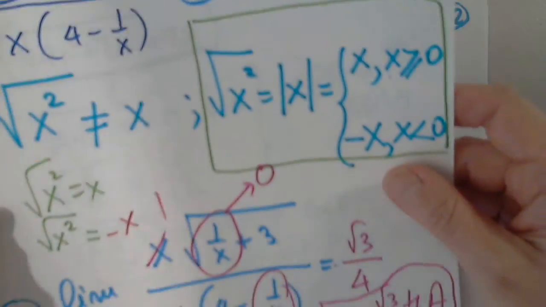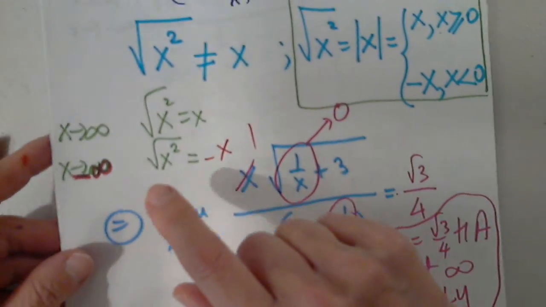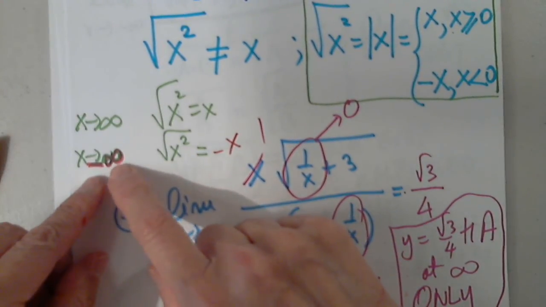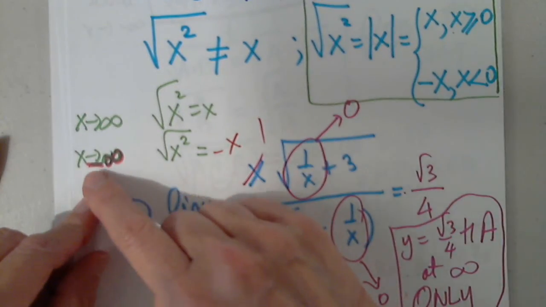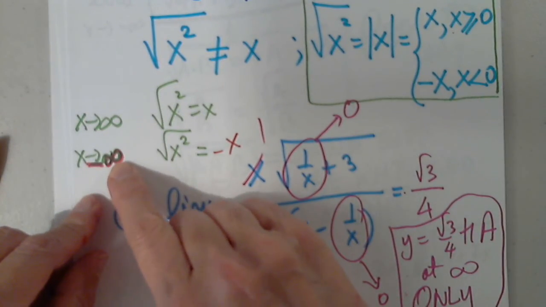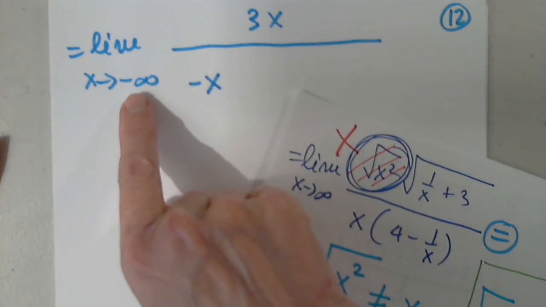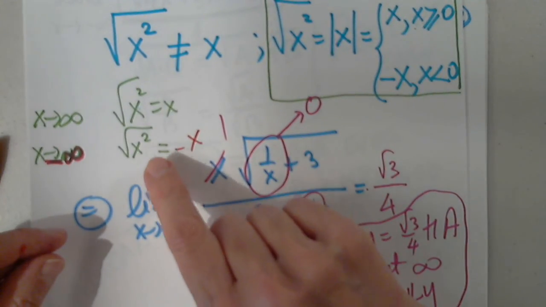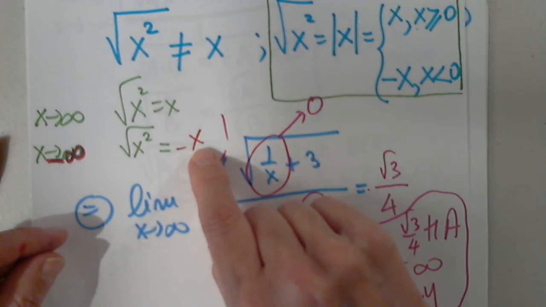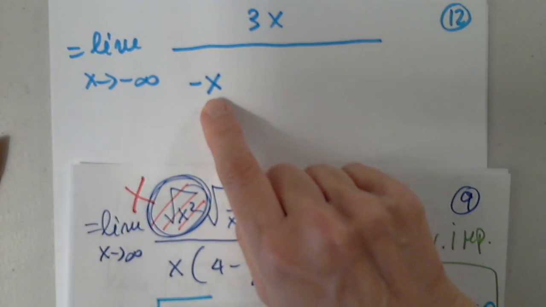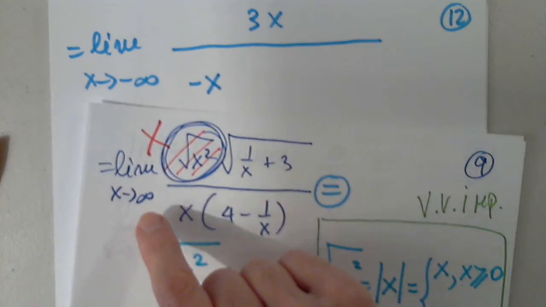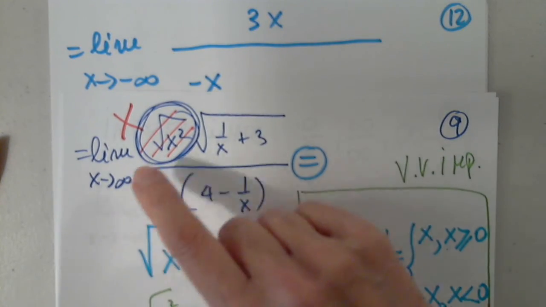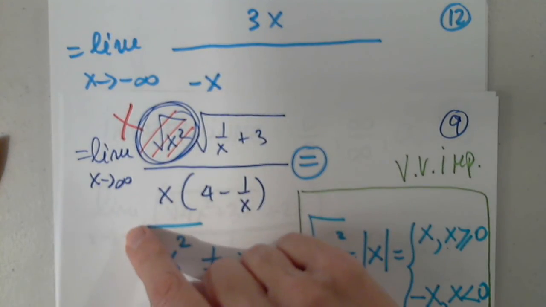So, because of this, that's why I had that error. I was saying one thing and writing something else. So when x approaches negative infinity, and this is our case, the square root of x squared has to be replaced by negative x. In the previous example, we had positive infinity. That's why we replaced it by x, not by negative x.